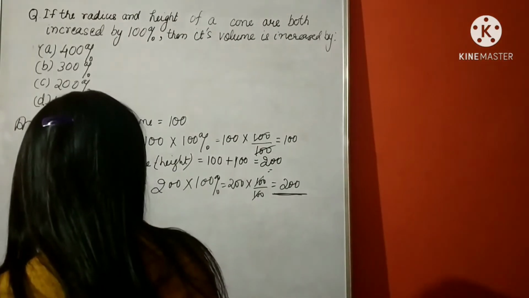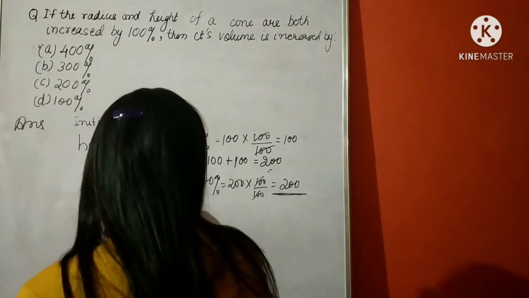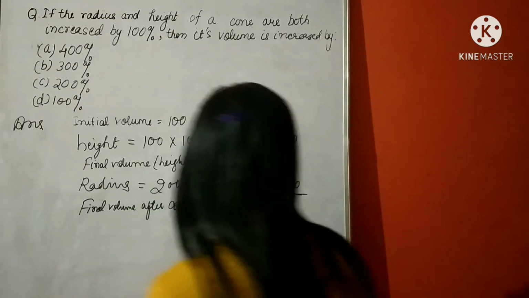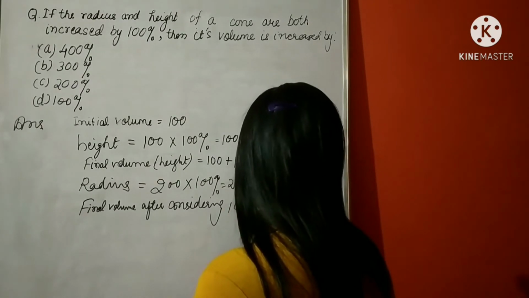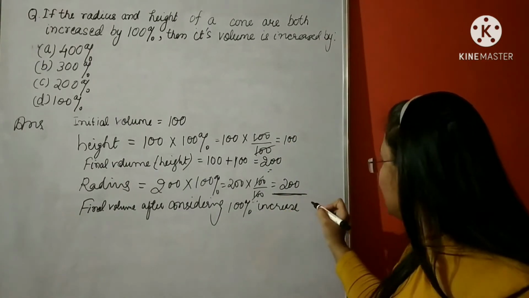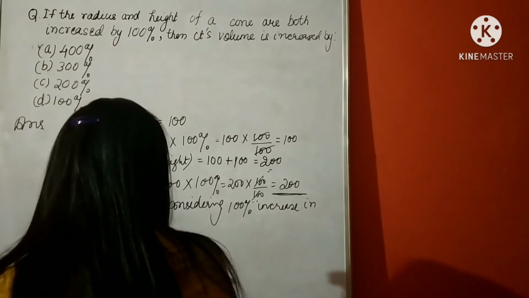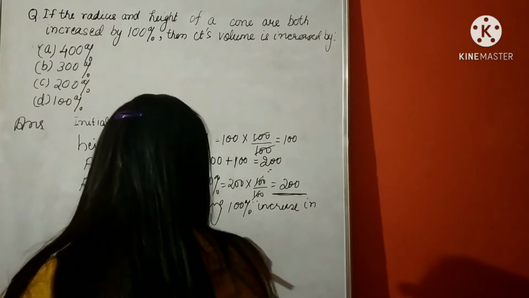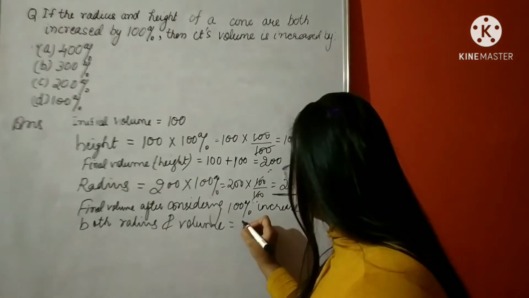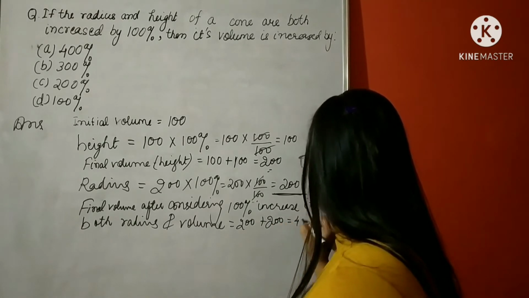So the final volume after considering 100% increase in both height and radius will be 200 plus 200. So it is 400.